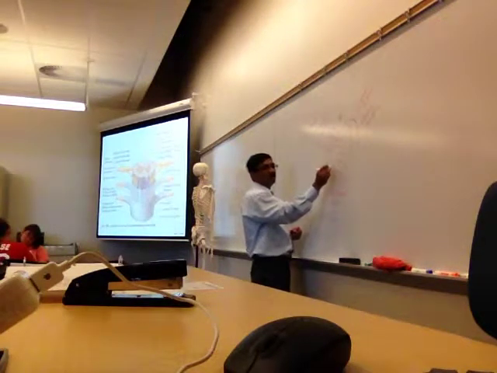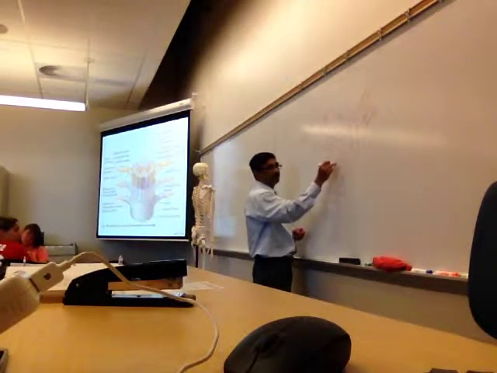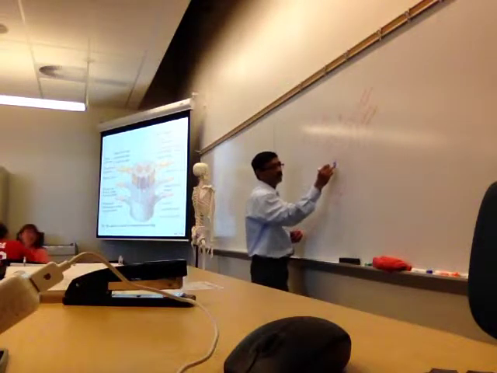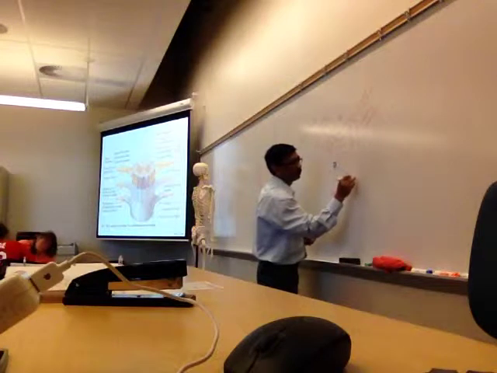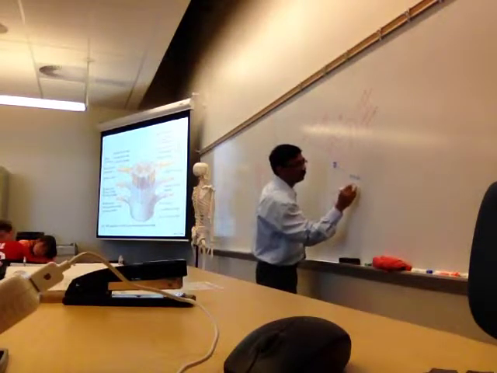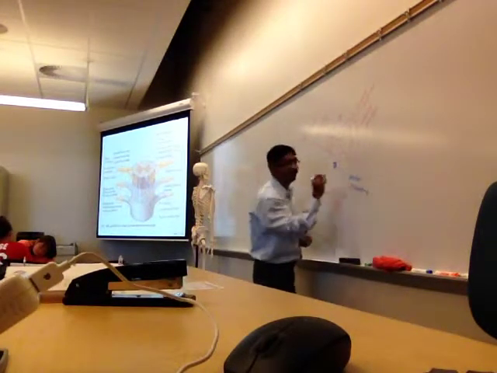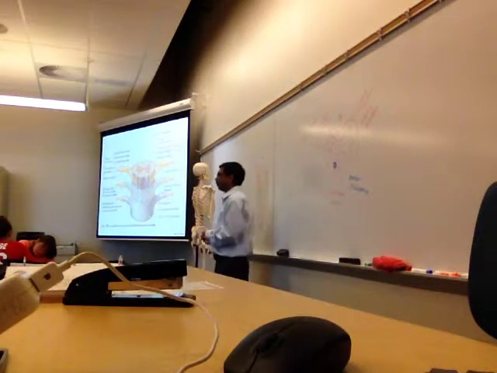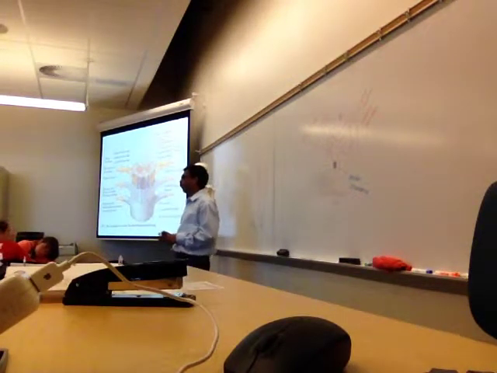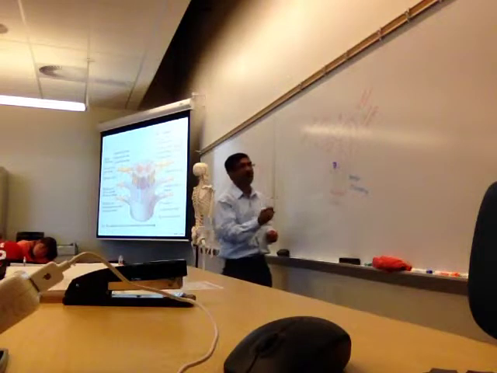In the ventral horn, the cells are called motor neurons. Okay? In the ventral horn, the neurons are motor neurons.